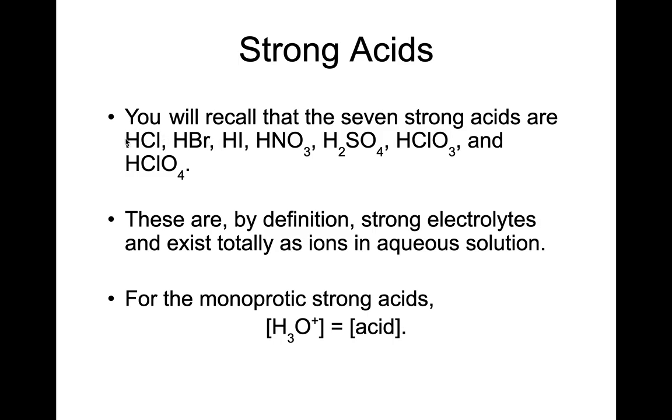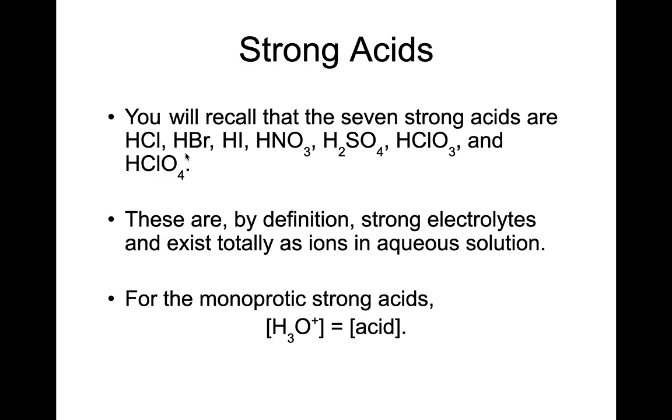And this makes sense. If we put 1 mole of HCl in our solution, it breaks down into 1 mole of hydrogen ions and 1 mole of chloride ions. The concentration of hydronium or hydrogen ions we get out is exactly equal to the concentration we put in.